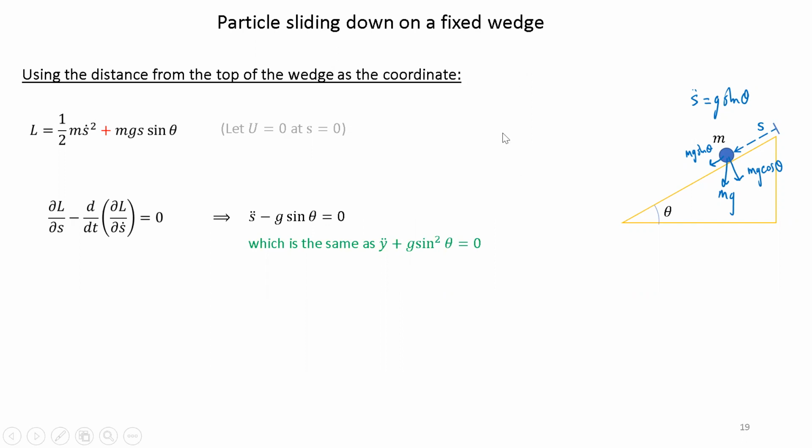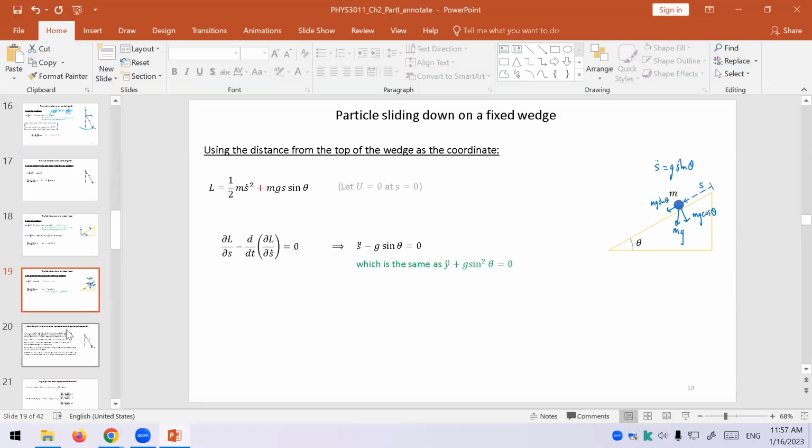Okay, so from the previous example, you can see that we really have different ways to use the coordinates. We don't need to always use the Cartesian coordinates, especially now that we know the form of the Lagrange equation is invariant under different coordinate transformations.